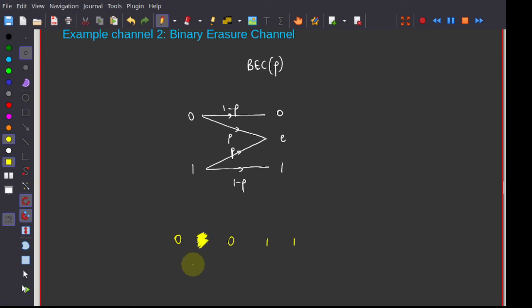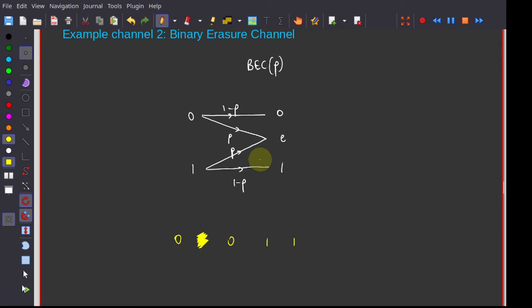So you know that something was written over there, but you don't know what it was. So that's the binary erasure channel. So at the transmitter, you can send a sequence of bits, and at the receiver, you can get either a 0 or a 1 or a special symbol, which I call the erasure symbol. And I denote that by E. So that's the binary erasure channel. And these are both examples of random noise channels.